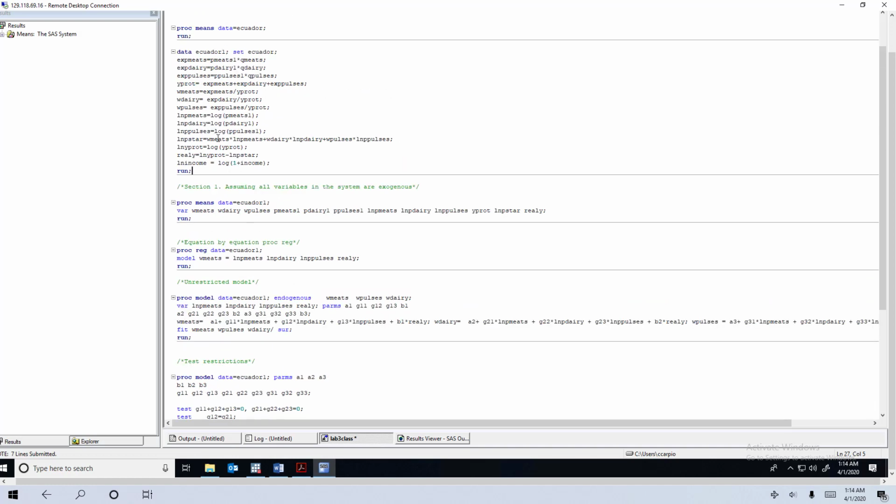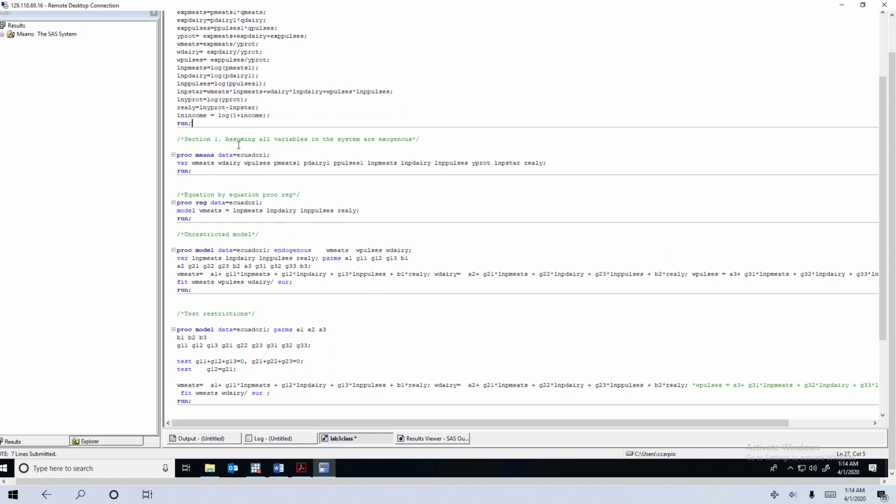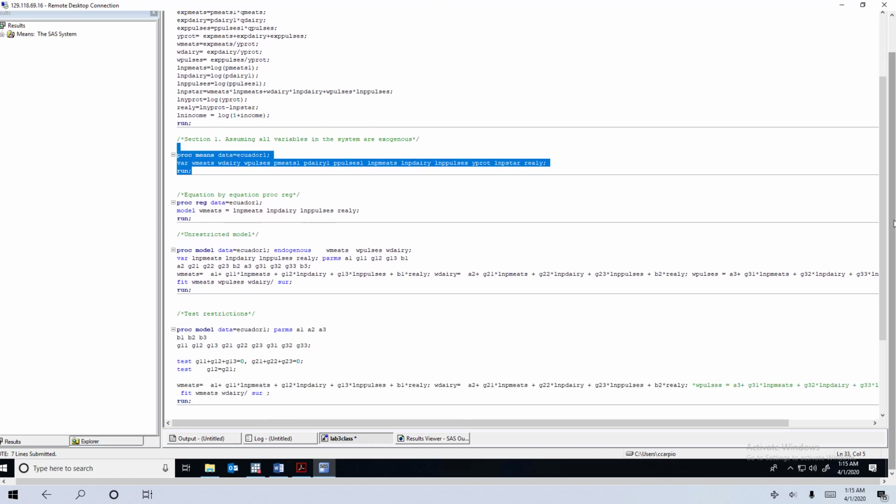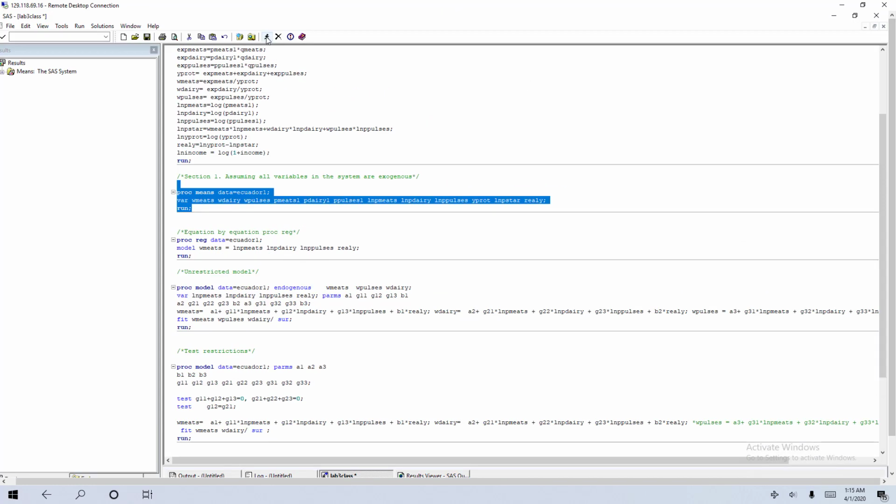So the first part, as I was telling you, we're going to ignore any sort of endogeneity. So this is the SUR model. Remember, one of the assumptions in the SUR model is exogeneity, or no endogeneity. So, we start as usual calculating the means, and actually we will compare to see if this is similar.